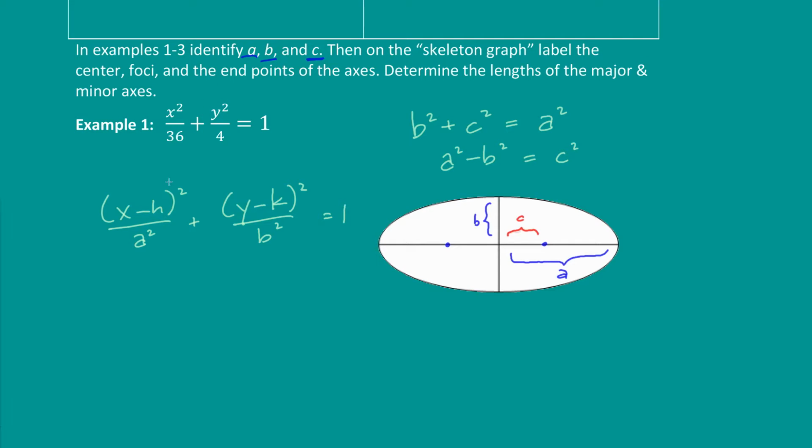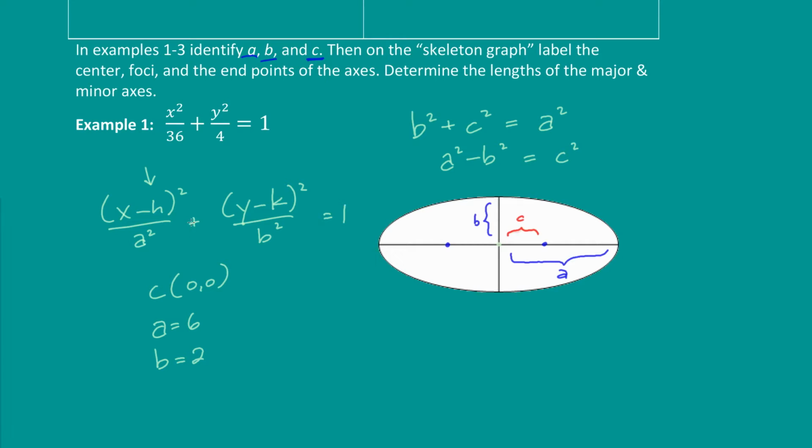No, because the x squared and y squared are just by themselves, our h and k are 0, 0. So we know that our center is going to be at the point 0, 0. Our a, well, if a squared equals 36, our a will equal 6. Our b, if b squared equals 4, the square root of 4 is 2.